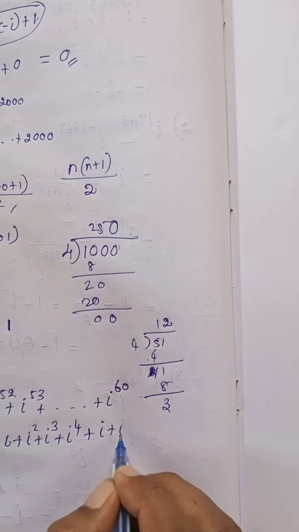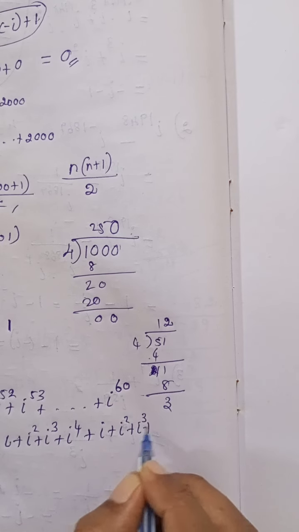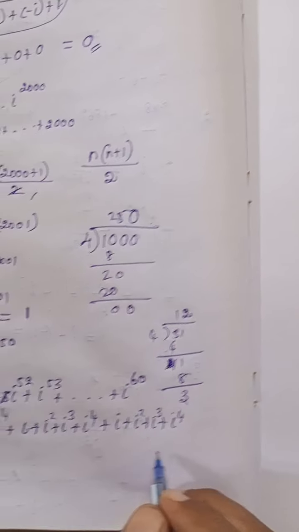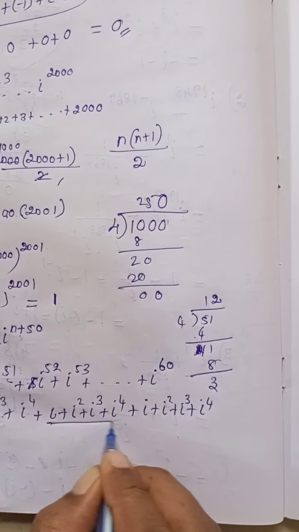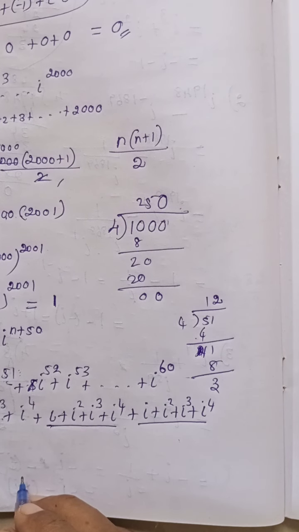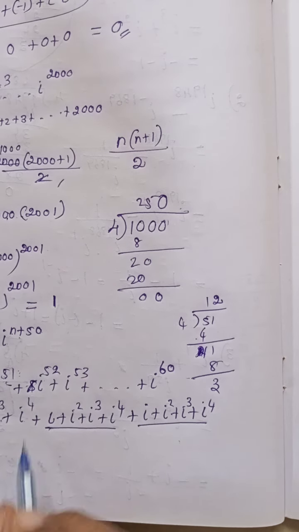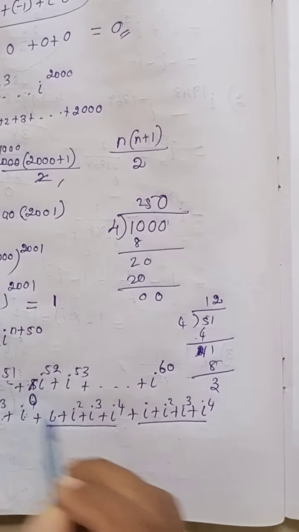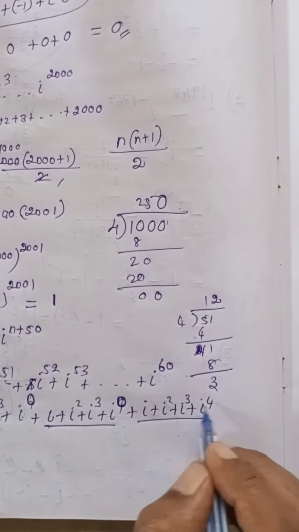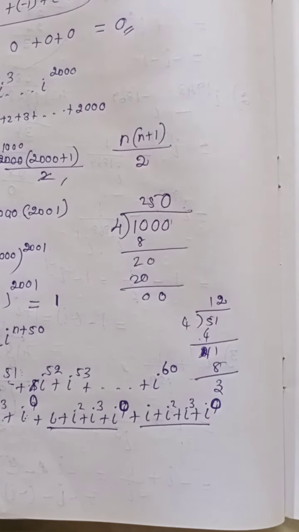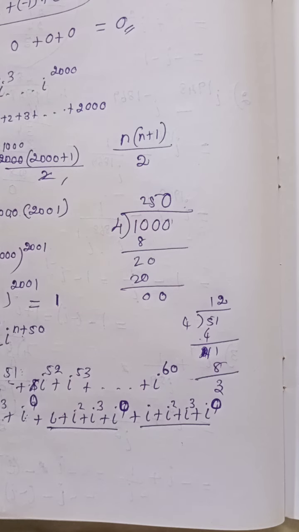Then again I plus I square plus I power 3 plus I power 4. Is it not? So this 4, when it comes, automatically we know that our value will be equal to 0. Isn't it? So this is I power 4, automatically when we get the remainder 0. Here also this is 0, and here also the remainder will be 0. I power 4 only we will be getting, that is I power 0.